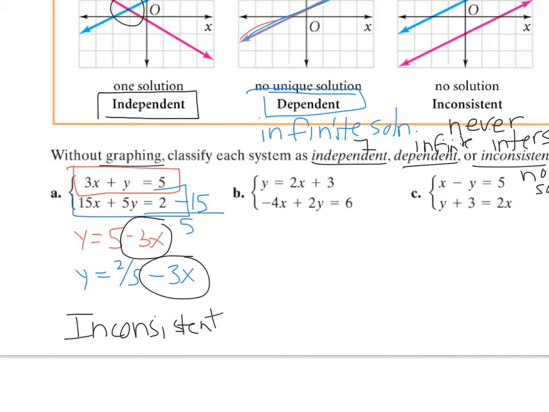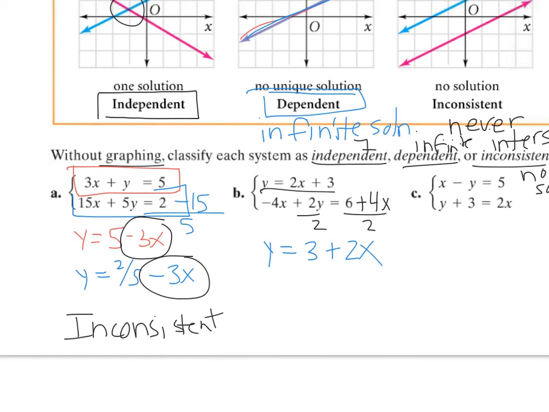And the second one, I'm going to solve for y. I already have the first equation solved. I'm going to solve for y by adding 4x and dividing both sides by 2. I'm going to get 3 plus 2x for the second one. If I look at both of these, I have a y-intercept of 3 and a y-intercept of 3, a slope of 2 and a slope of 2.